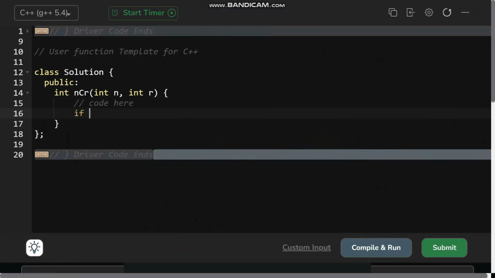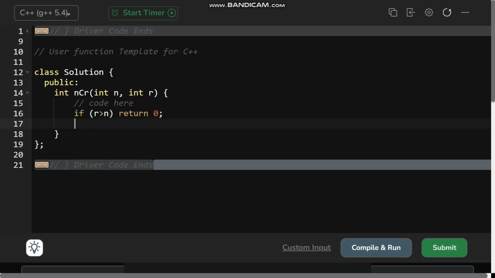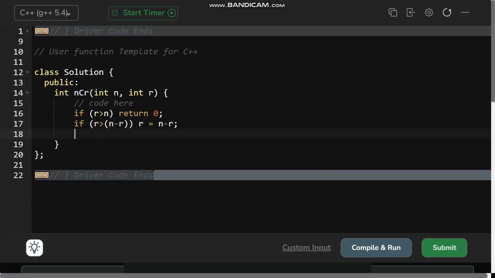And also there is an edge case. Whenever the value of r is greater than n, we have to return 0 because it is not a valid test case. And then if r is greater than n minus r, we're going to update the value of r in order to minimize the redundant calculations.